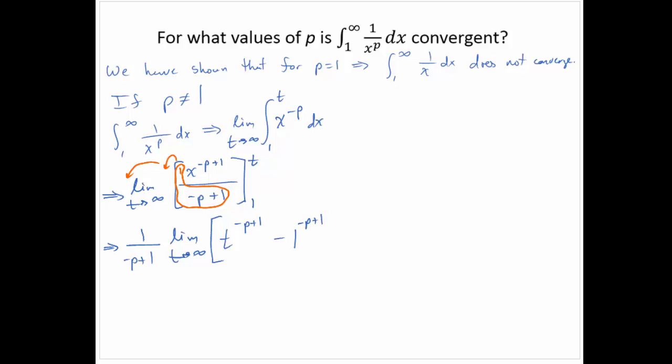All right, now 1 to a power is just going to turn into a 1. 1 to a power is equal to 1. So now we have to focus on that other part. We need to see when this limit is going to converge. We need to focus on this part right here. What's happening there? What's with that limit?